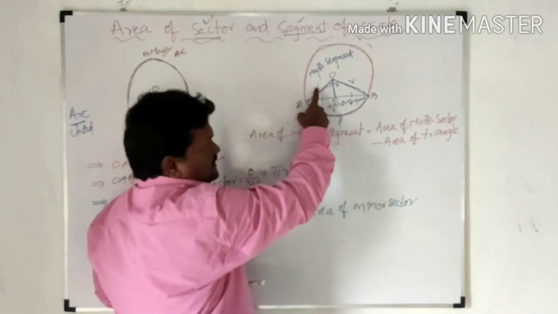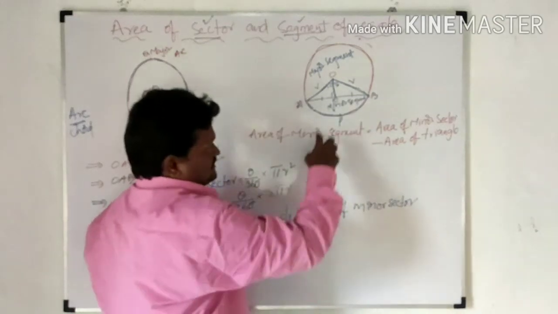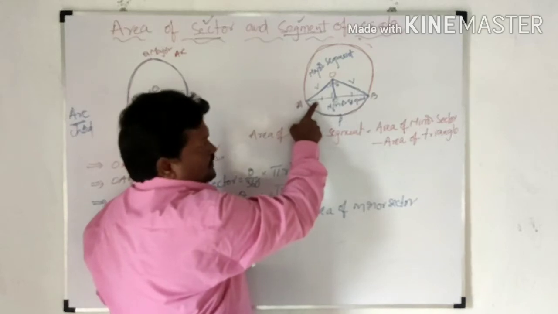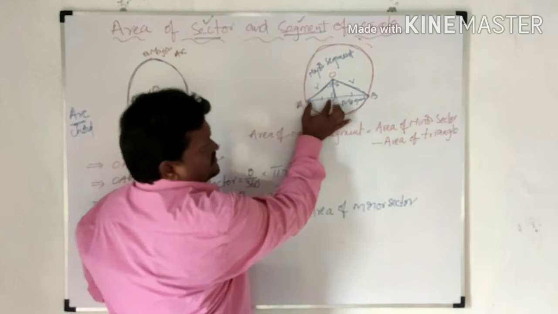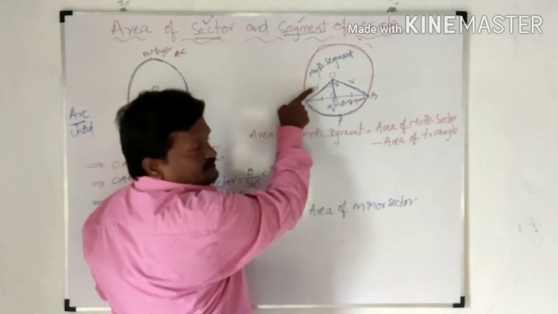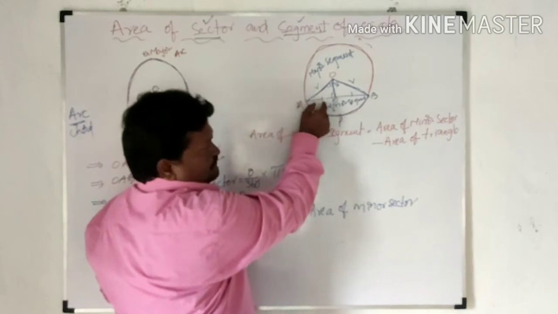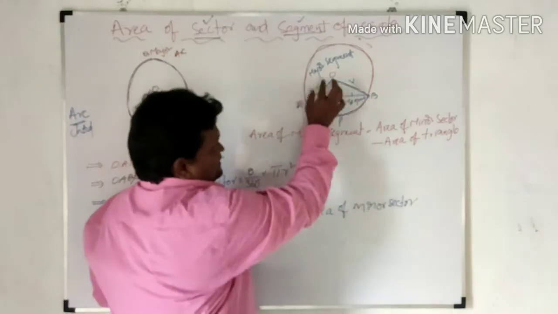This is the hypotenuse. This is the perpendicular bisector. This is the hypotenuse, and this is opposite to the angle. So by using the sine formula, simply we can find this. Already in the question itself they will give the radius of the circle.